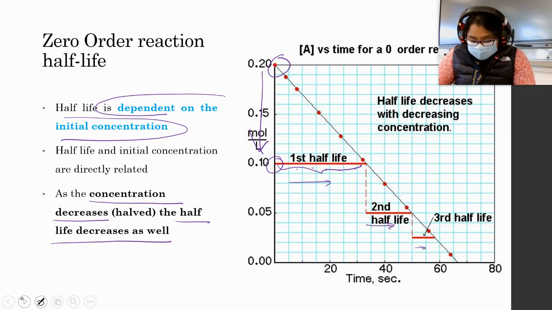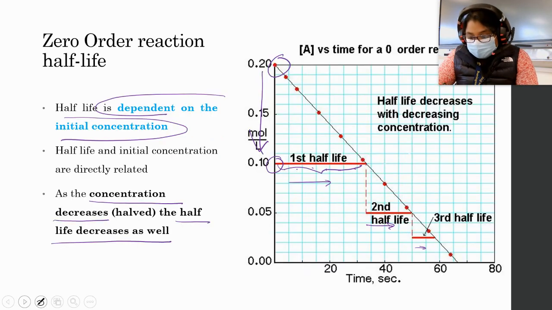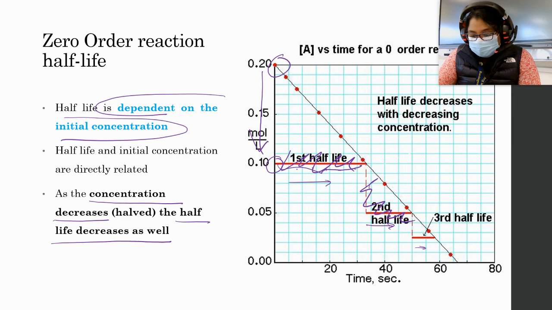So if you have the initial concentration and the rate constant, you can solve for T1/2. Or if you have the half-life, which most often you will have, like if they give you a graph, the half-lives won't be marked out. They'll just give you concentration and time, and then they'll show you how the concentration is decreasing.